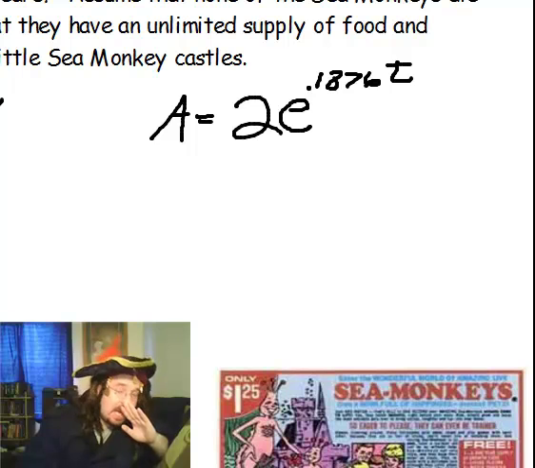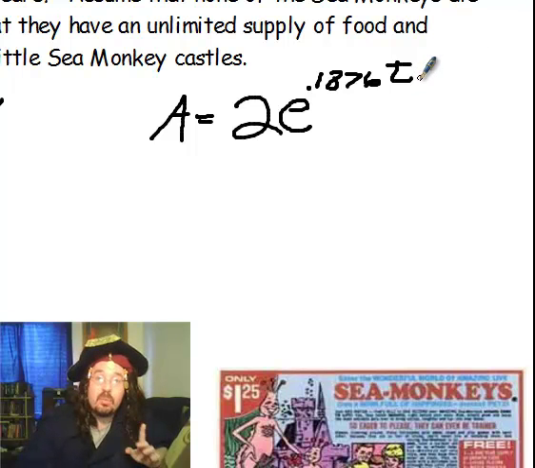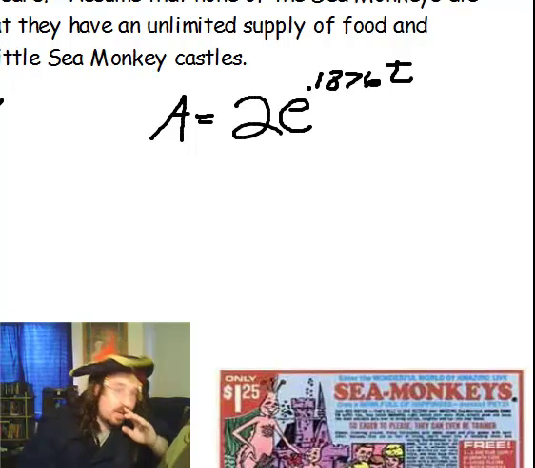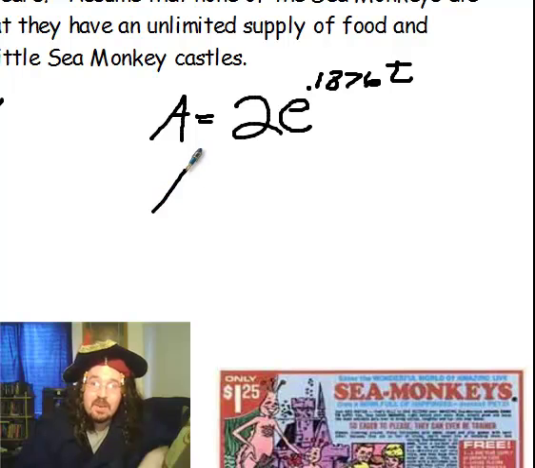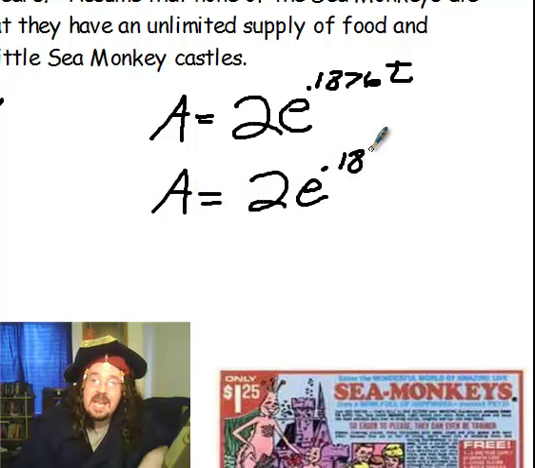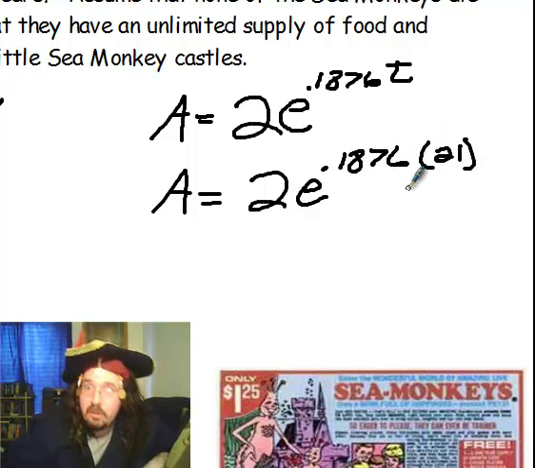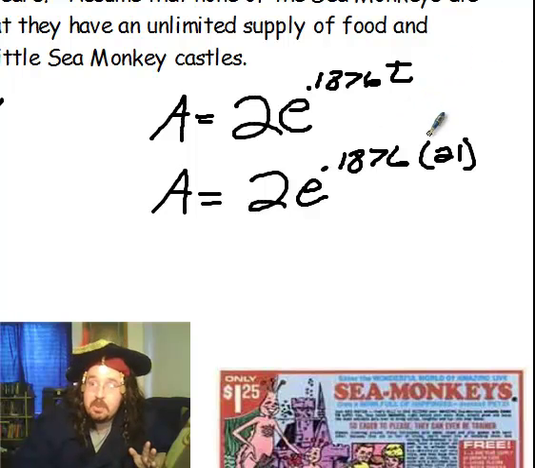Well, since the time was given to me in days, I need to plug in the number of days. And in this problem, 3 weeks contains 21 days, 3 times 7. So I have A equals 2 e to the 0.1876 times 21. Be very careful there. Many people attempt to put 3 when actually it's 21, love.